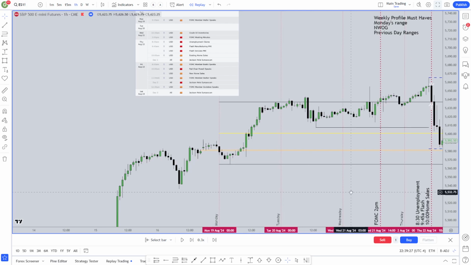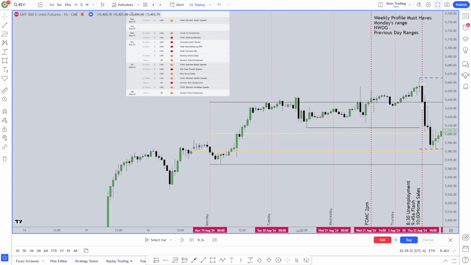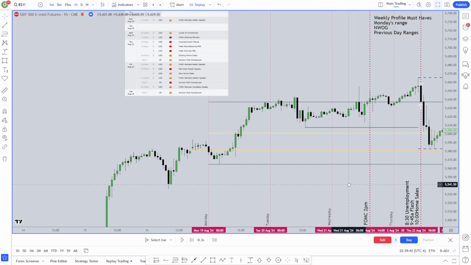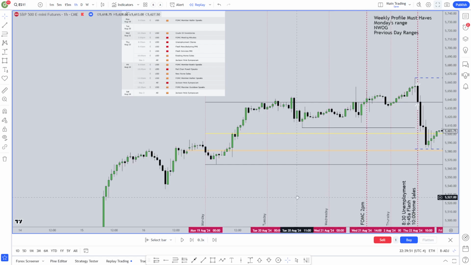If price flips back above Monday's mid, then what you're seeing is not a retracement, but a resumption. It's resuming the weekly profile, which is overall bullish. So as price revisits that Monday midpoint, looking at the far right side of the chart there, once it revisits Monday's mid, you are not surprised.